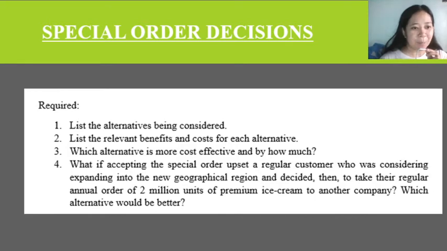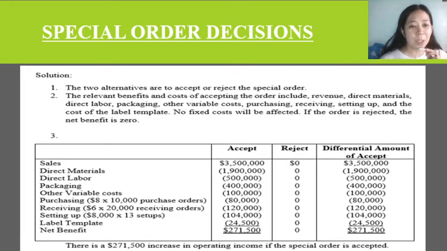For the solution, what are the alternatives available for the company? Of course, we have two alternatives: either accept the special order or reject the special order. Number 2, what are the relevant benefits and costs of accepting the special order?